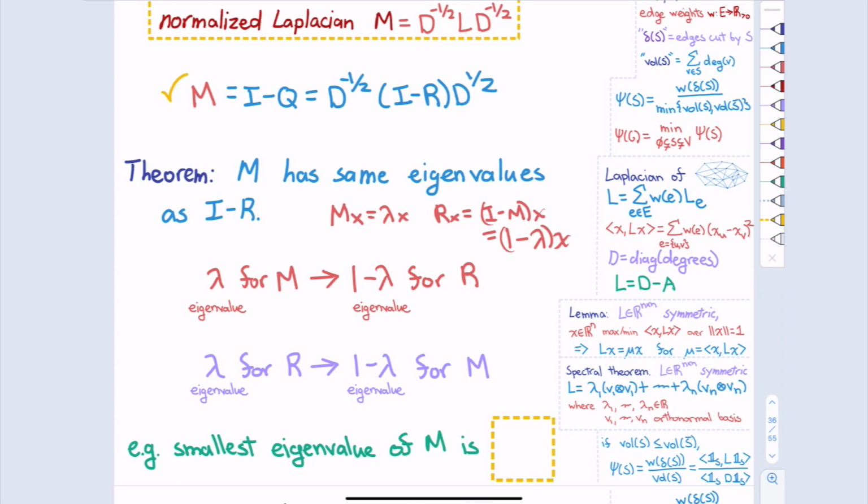Okay, here's maybe another question. If I know that the eigenvalues of m are equal to the eigenvalues of I minus r, what is the smallest eigenvalue of m? And why? Okay, negative 1, and why? No, wait, it's not a number.